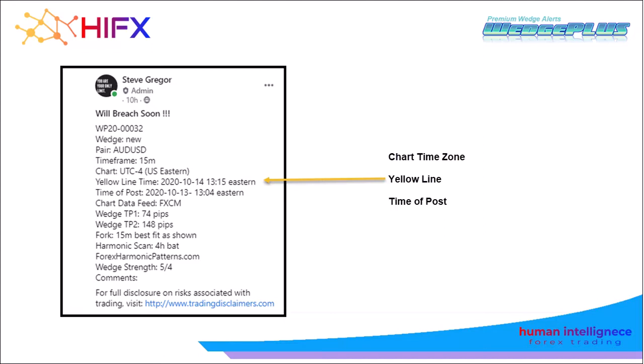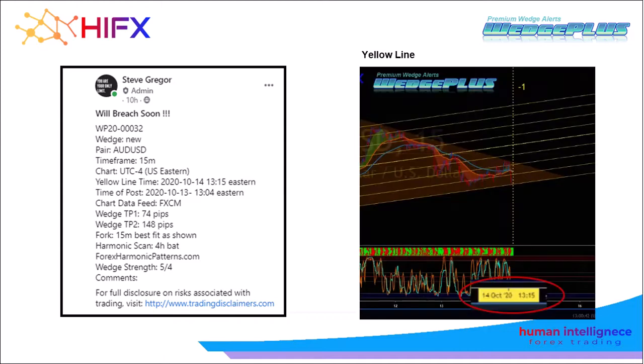It doesn't always mean we're going to post it right then, but it will be included in our chart. As you can see here on the right, in this particular wedge, the yellow line is there, and as you follow the yellow line down on TradingView all the way to the bottom, you will see the date and the time in Eastern on a 24-hour clock. That number then gets represented in the alert.